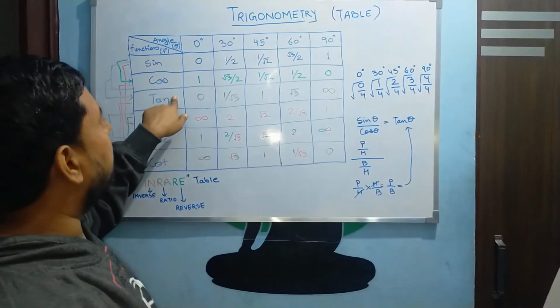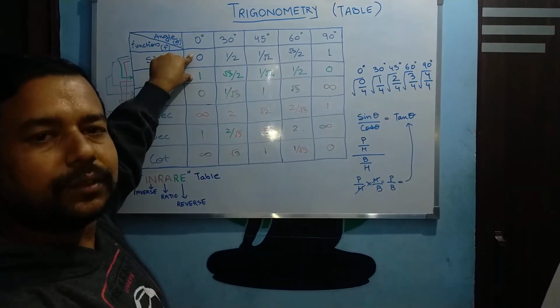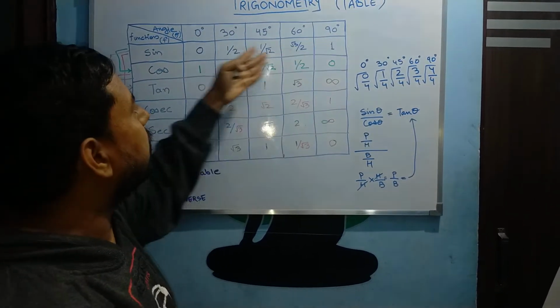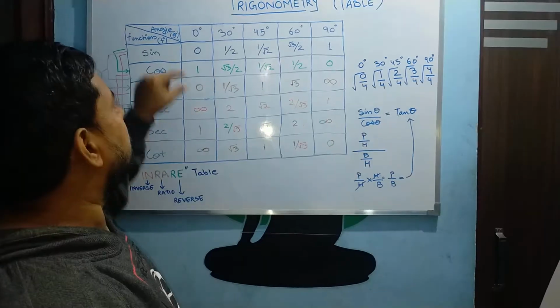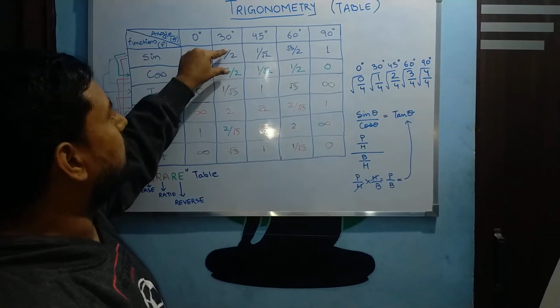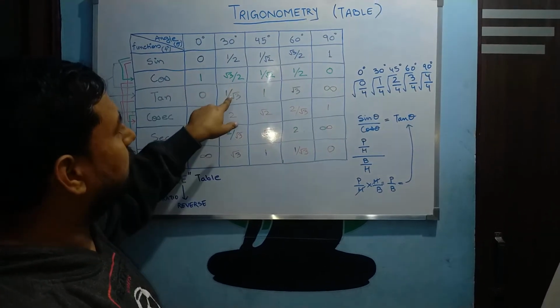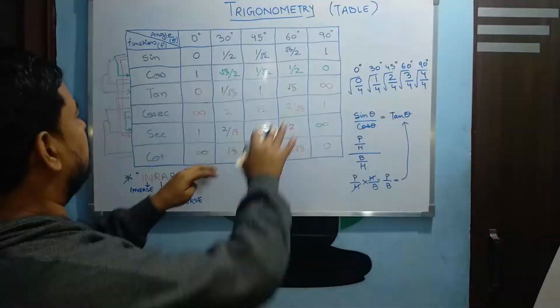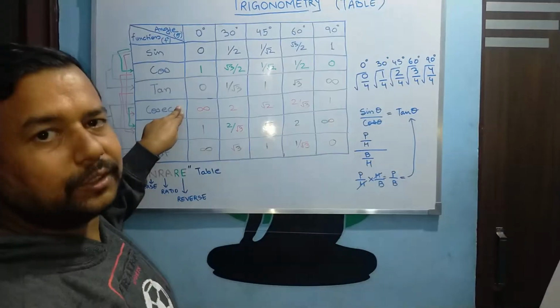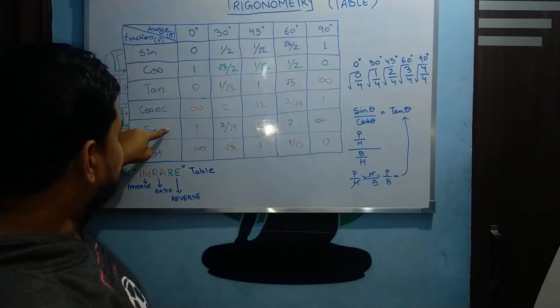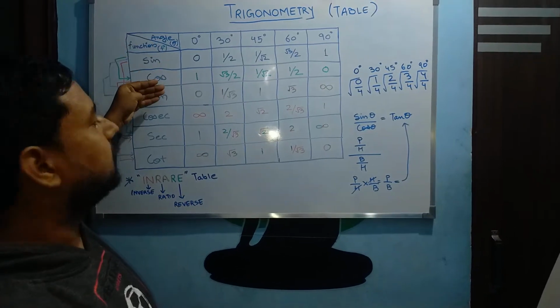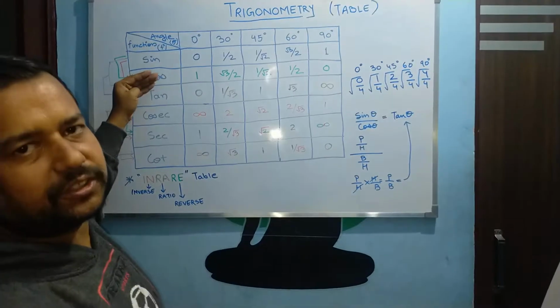So for tan theta, we have already got this sine and cos. So for tan, we just need to get the ratio of these values. 0 upon 1, 0, 1 by 2 upon root 3 by 2, 1 by root 3, and so on. Now cosec theta, as I told you, cosec, sec and cot are simply the inverse of these three functions.